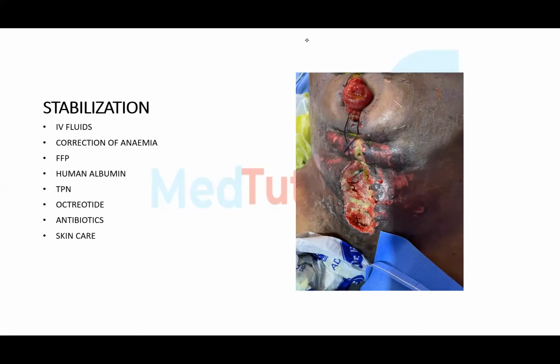So at presentation, we stabilized her with IV fluid. We corrected her anemia. We gave fresh frozen plasma. We gave human albumin. We gave total parenteral nutrition. We gave octreotide to reduce the output, antibiotics, and we commenced skincare. You can imagine what the patient spends. She was getting fresh frozen plasma, each about 300,000.